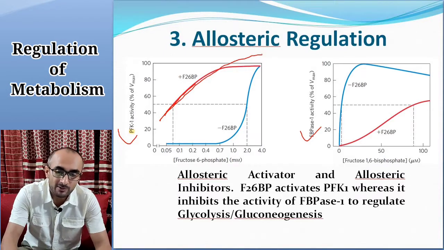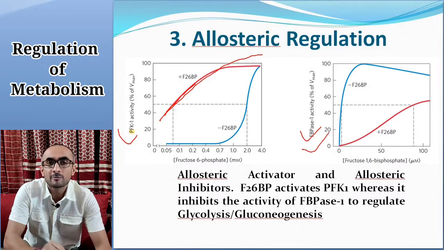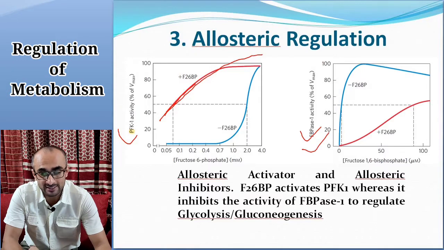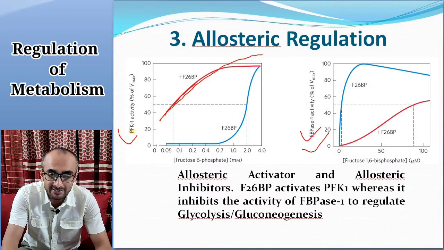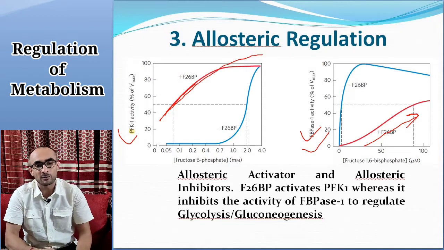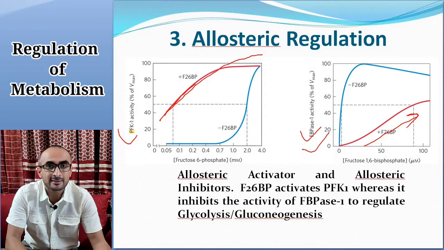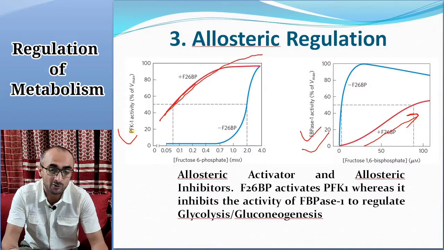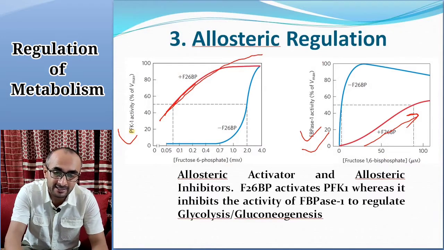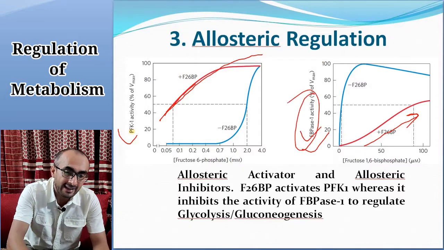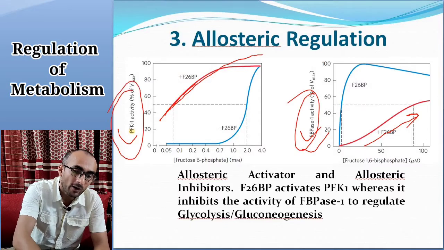At the same time, when the same molecule binds to FBPase1, which is an enzyme of gluconeogenesis, it inhibits the activity of FBPase1. So the same compound is activating glycolysis and at the same time inhibiting gluconeogenesis by inhibiting FBPase1 and activating PFK1.